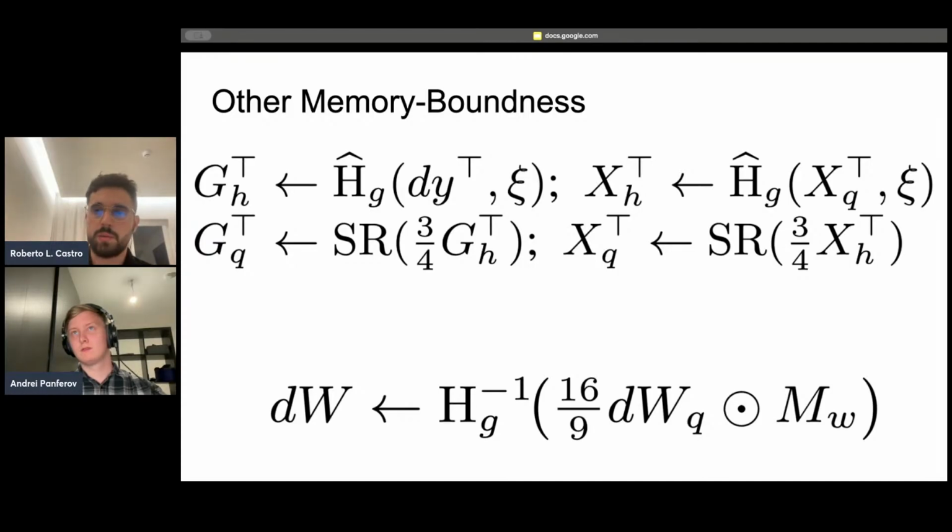We just have some additional transpositions that have to be applied on the fly, but the tricks for these memory boundedness are basically the same ones, and we can also have some additional masking functions like this one that we can fuse on the epilogues of our kernels, but as I said, this is still a work in progress.